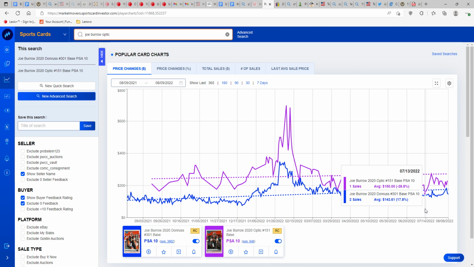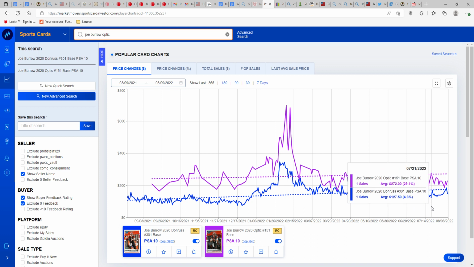And what was the next sale? One week later for $272. So that person who realized that the Optic base was trading $120 to $150 below where it should have been trading relative to the Donruss base was able to buy the card at $150 and then immediately make $120, which is almost a 100% return on his investment at that moment in time.